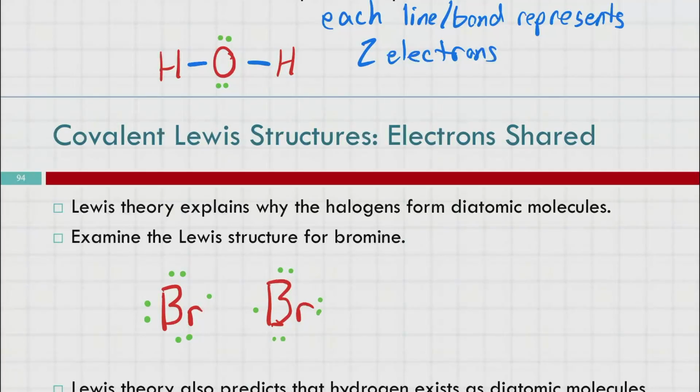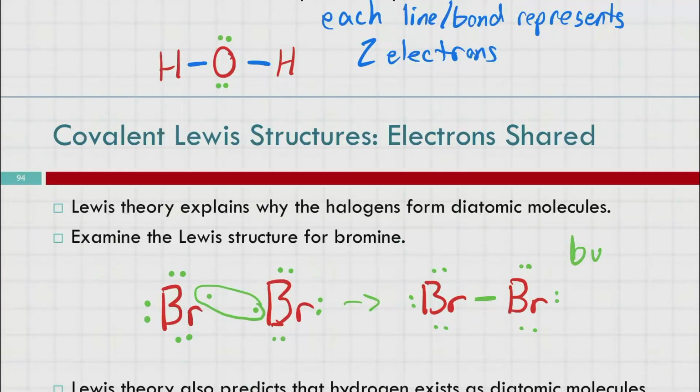So these bromines can share 1 pair of electrons, they'll have a line between them representing a bonding pair, and they'll have 3 lone pairs. So by bonding, each bromine atom gets a full octet.